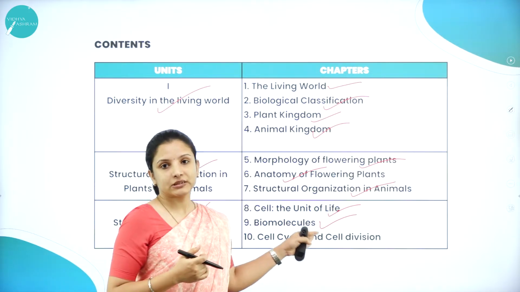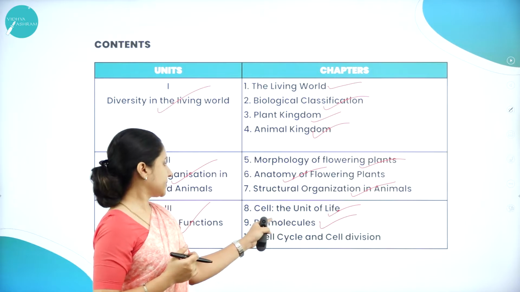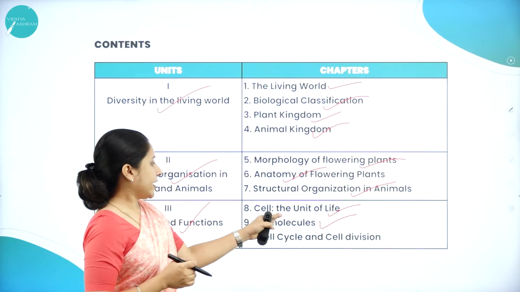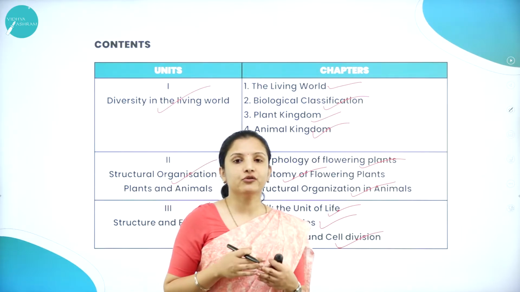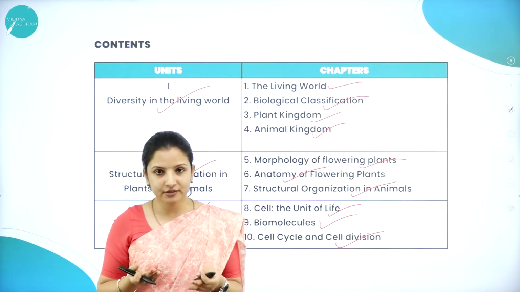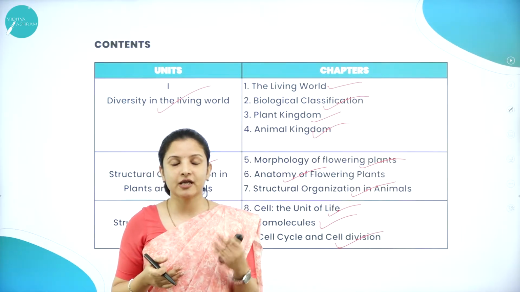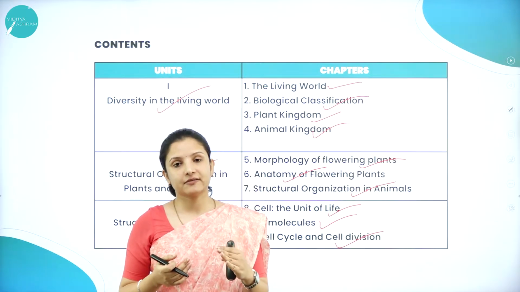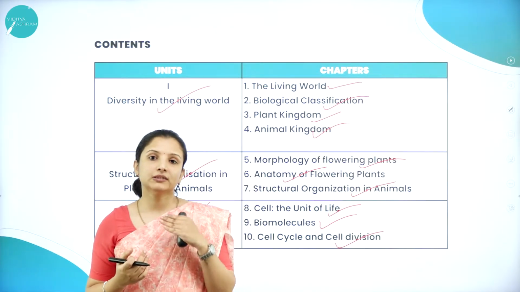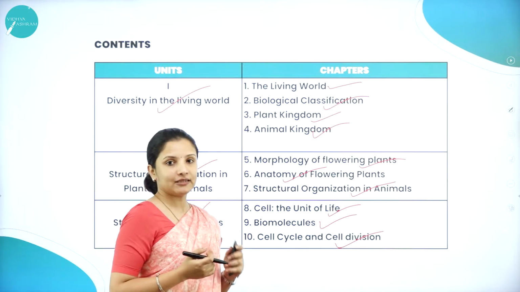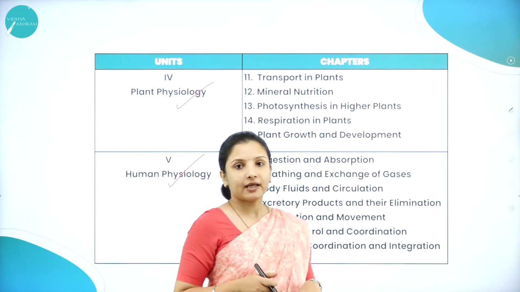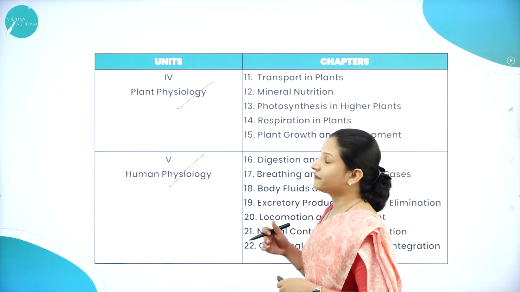About that you will study in the next chapter, that is chapter 9, Biomolecules. After that, you will study how the cells divide. In the cells, you have the meiosis stage, you have the mitosis stage. Different stages of cell division and cell cycle you will study under this particular chapter, that is cell cycle and cell division.